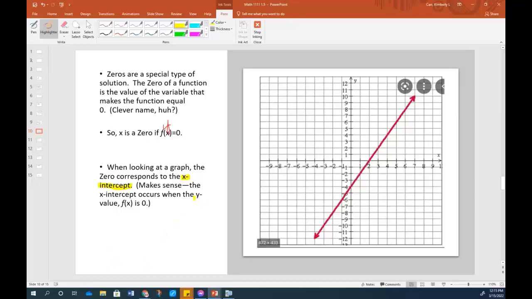Okay, so the x-intercept happens at some particular value, and that value is a zero. Looking over here at our graph, this x-intercept occurs right there at 2.